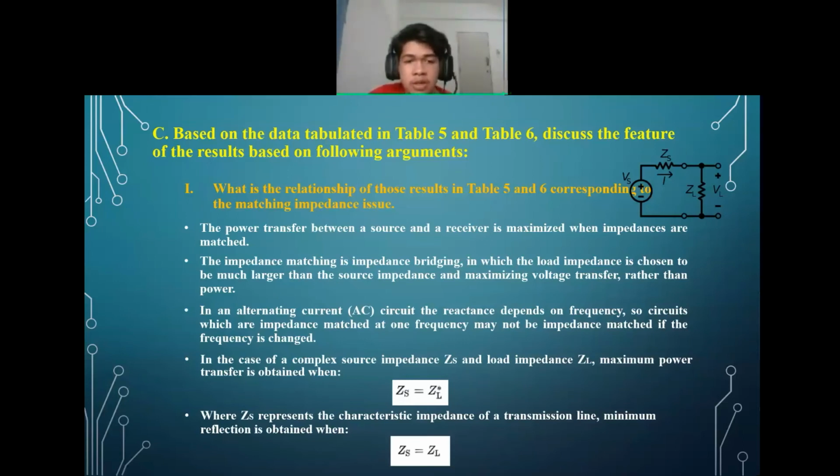In the case of a complex source impedance ZS and load impedance ZL, maximum power transfer is obtained when ZS equals the complex conjugate of ZL. When ZS represents the characteristic impedance of the transmission line, maximum power transfer is obtained when ZS equals ZL.